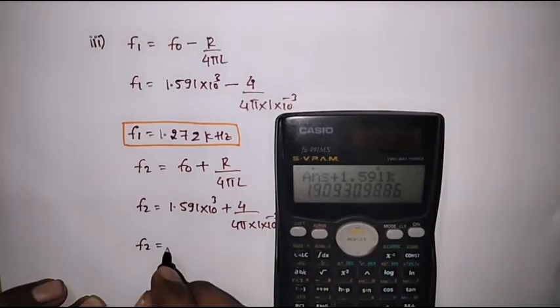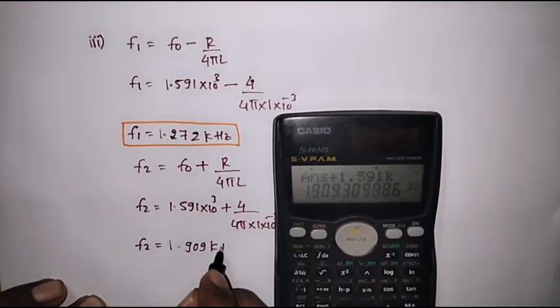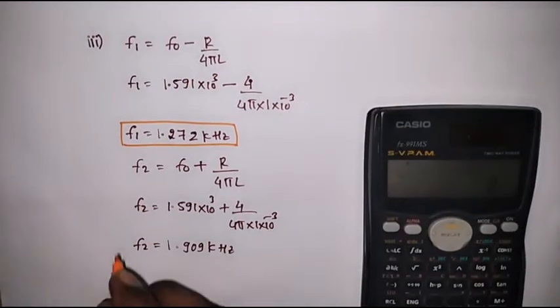It gives 1.909 kilohertz. So this is upper cutoff frequency F2.